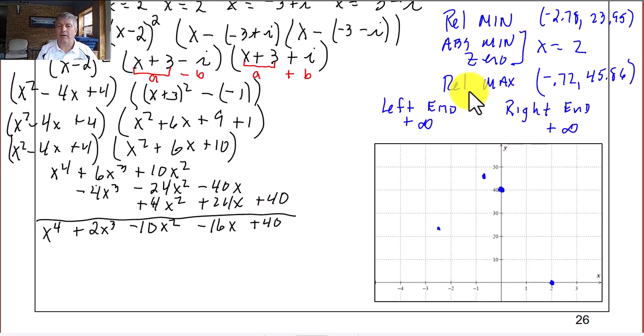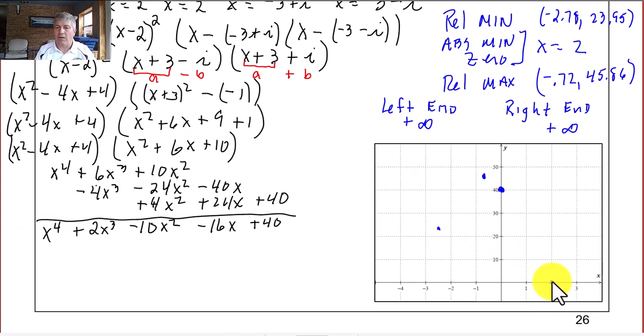I plotted that. Then we've got a relative maximum at about negative 0.72 and 45.86. Our left and right hand behavior both go to positive infinity. They go in the same direction because it's an even degree polynomial, and since our coefficient is positive, they go in the positive direction.